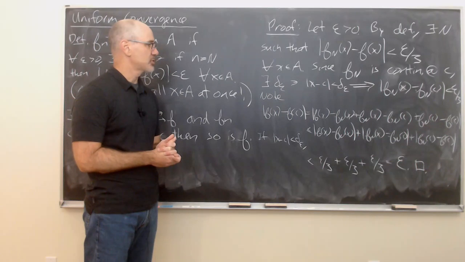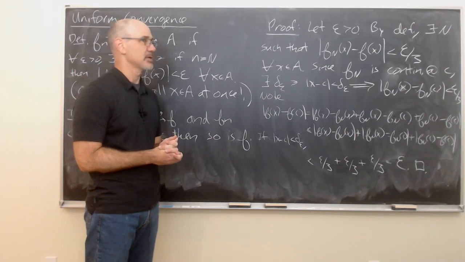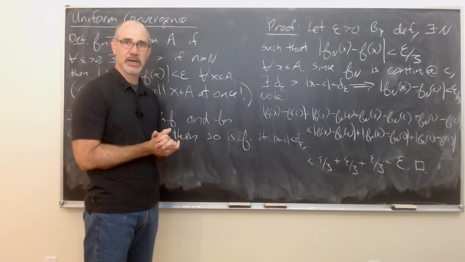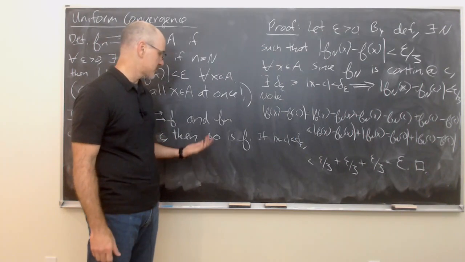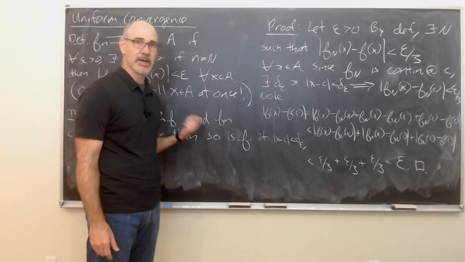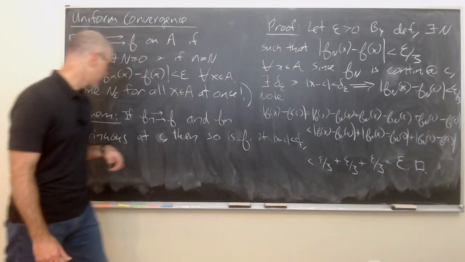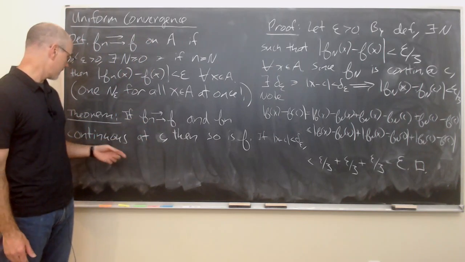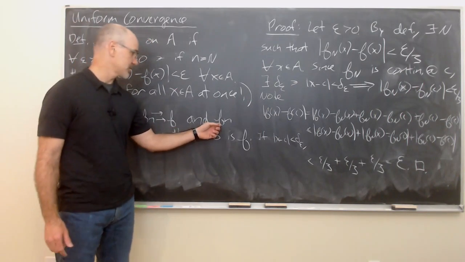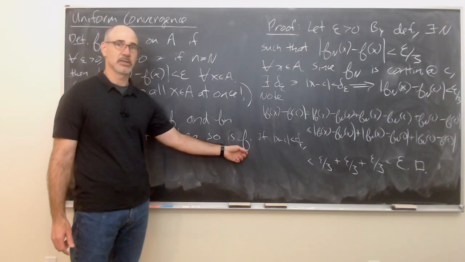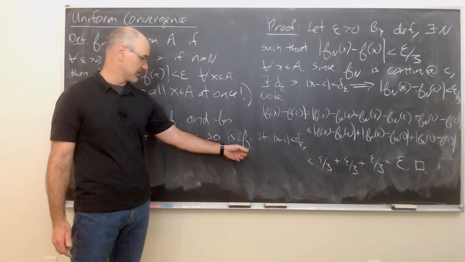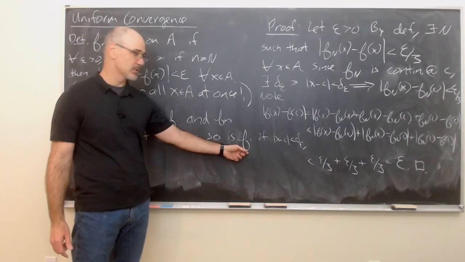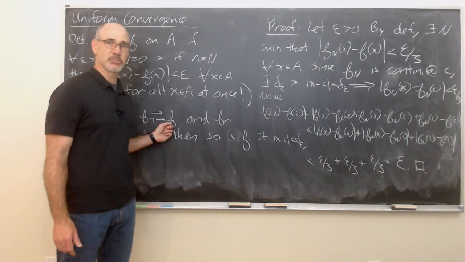Now, we showed that the resulting function, the limit function f, was not continuous. So by this theorem, the convergence could not have been uniform, right? If the convergence was uniform and f_n was continuous, then so has to be the limit function f. So if the limit function f is not continuous, the convergence can't be uniform.